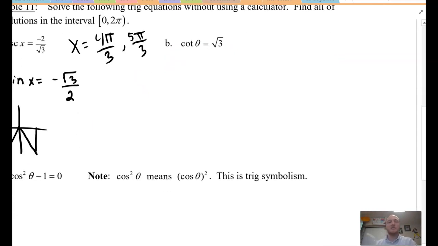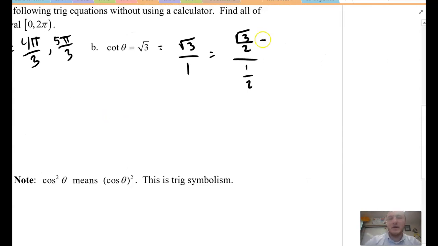When is that equal to root 3? I want you to think about this as really root 3 over 1. If I divide both by 2, I get root 3 over 2 comma 1/2, which is our x value, and this is our y value, because we have cosine over sine.